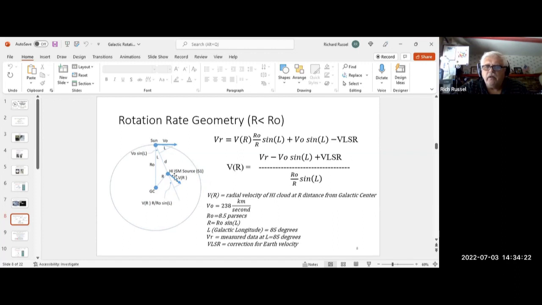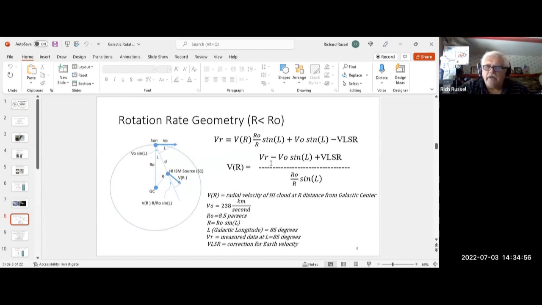And note that anywhere in between there, I actually know the speed of the galaxy at any point I want, simply by viewing different longitude numbers. So 0 longitude is looking right at the center of the galaxy. 90-degree longitude is looking all the way to the end. And in between that is where I'm looking. Now you'll see this when we start looking at the entire rotation rate of the galaxy.